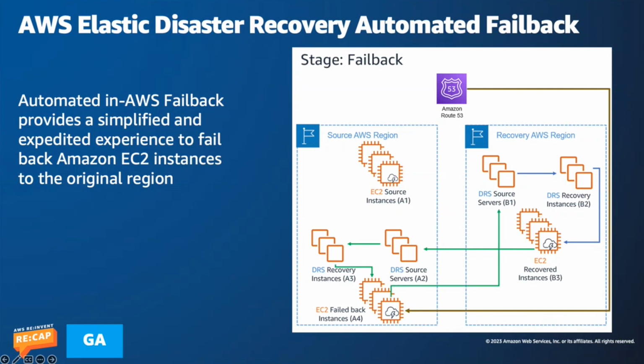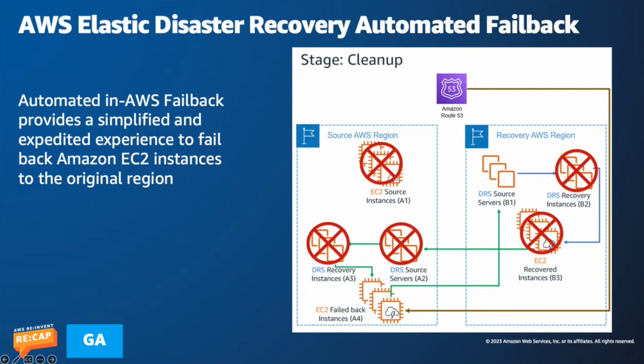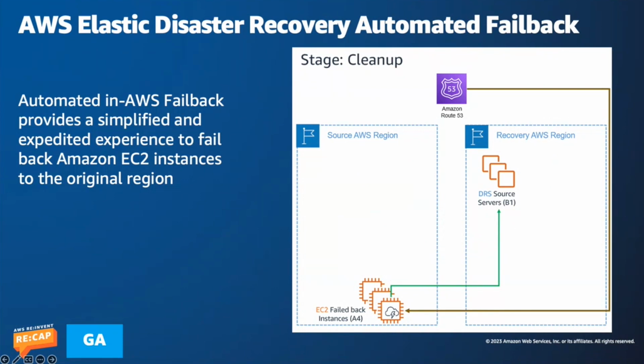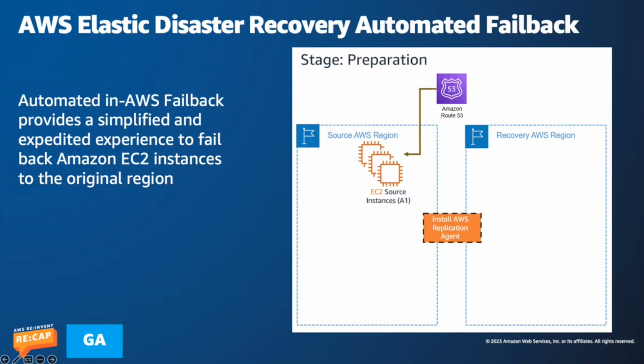And this is something that has been introduced for some time. So once this functionality is enabled, DRS, or Elastic Disaster Recovery, maintains constant replication for keeping the operating system, application, and database in sync.